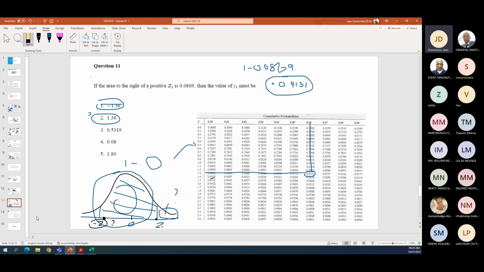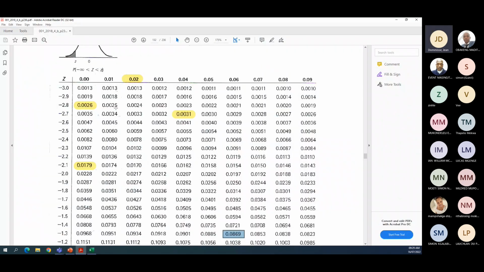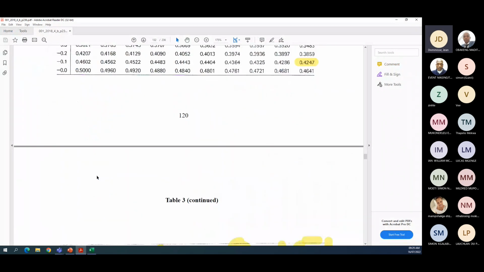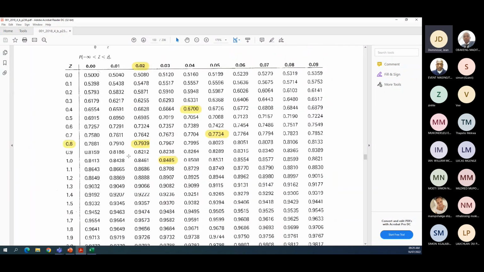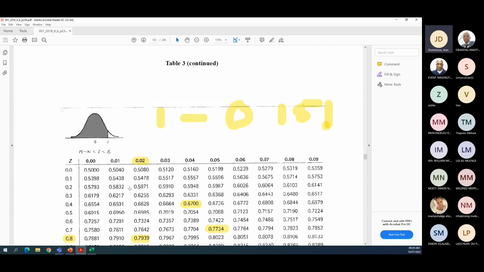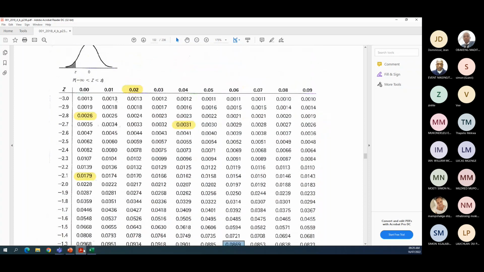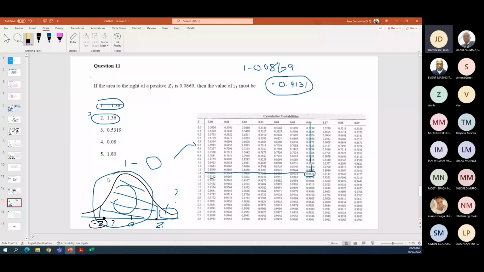You can write notes on those tables, like I've written some notes on mine. So as you go through some of these questions, use the tables and make notes on them. In the exam, you have access to it.